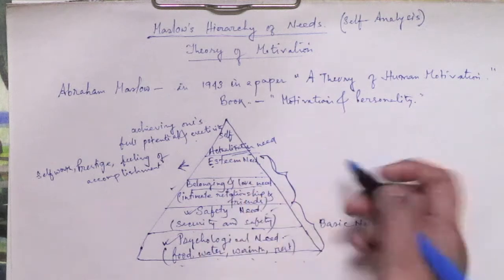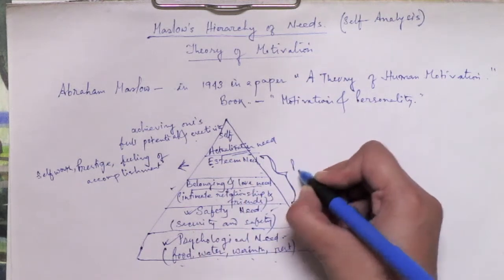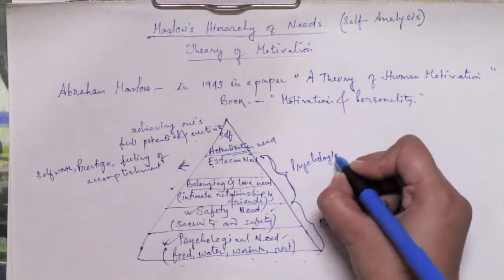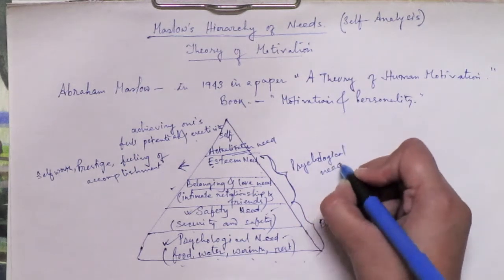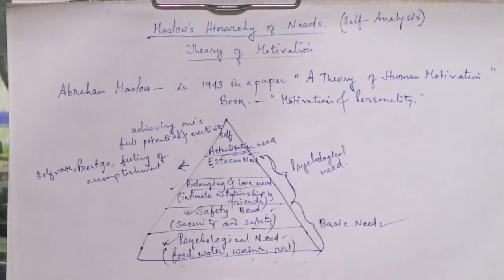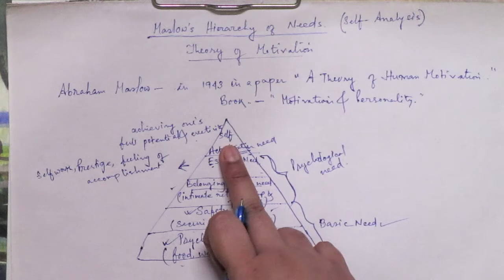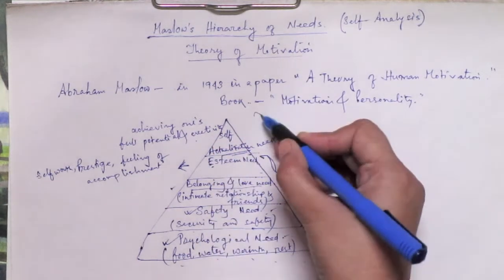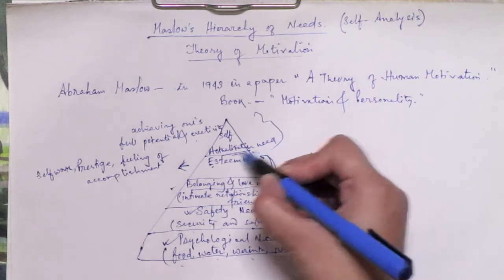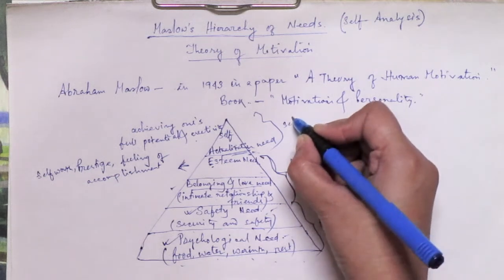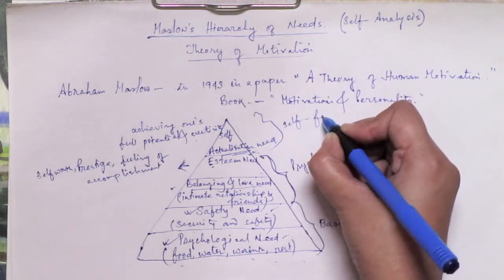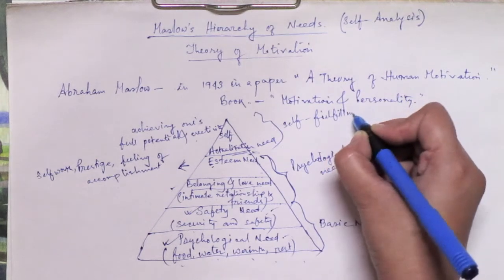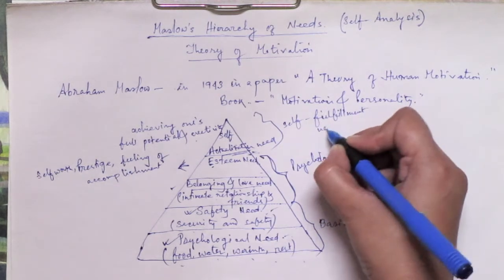All these things fall in the category of psychological needs. And the self-actualization need, which is the highest need according to Maslow's theory, this only need falls in the category of self-fulfillment need.